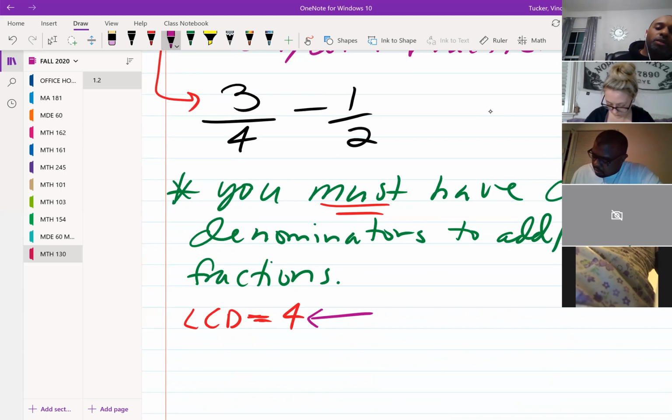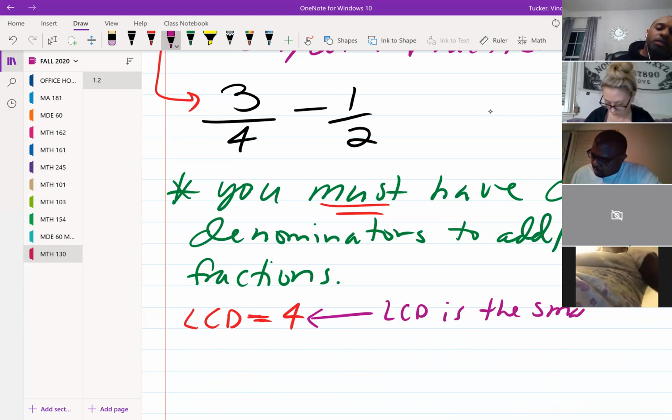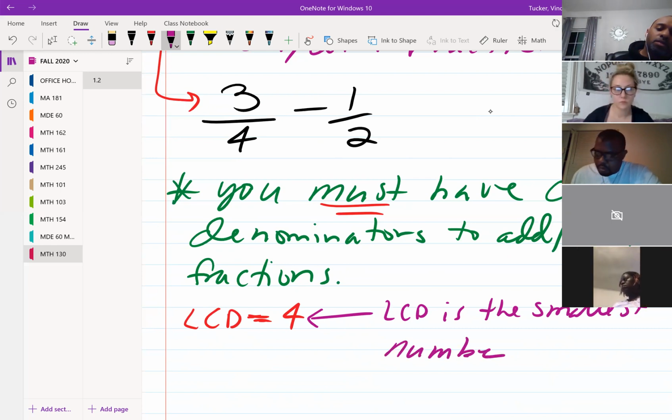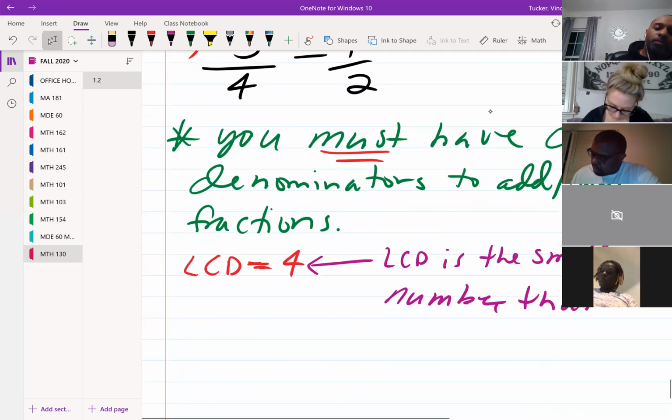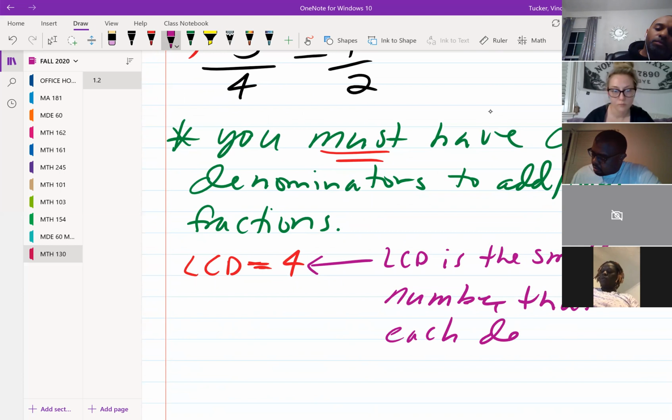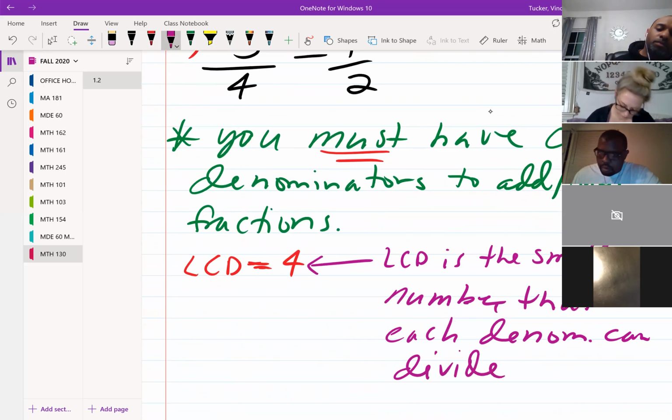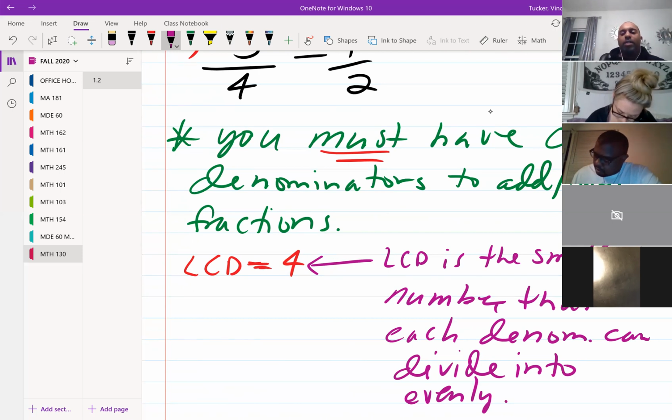The least common denominator is the smallest number that each denominator can divide into evenly.